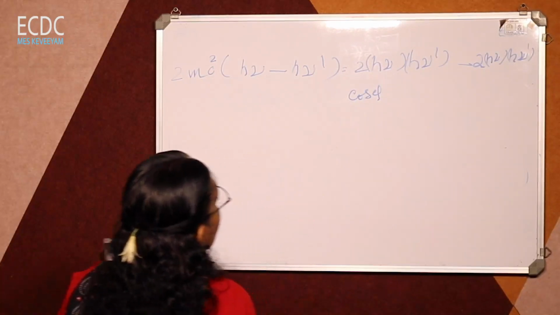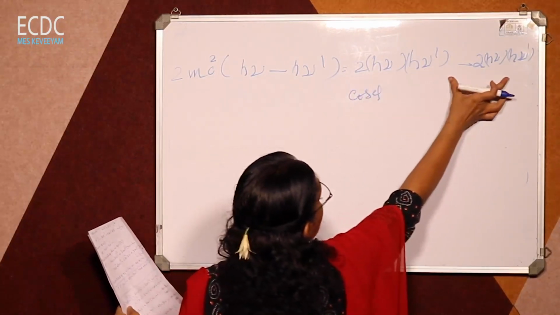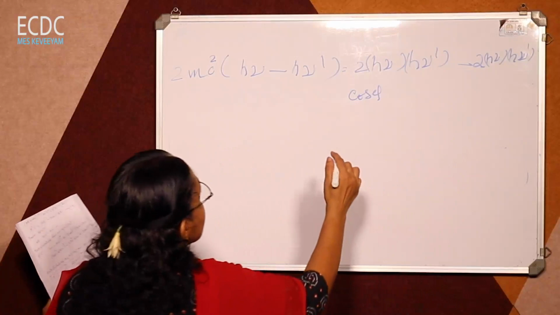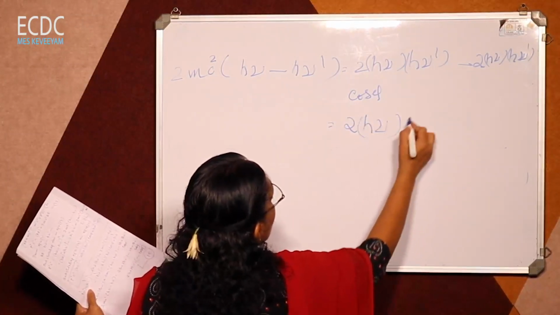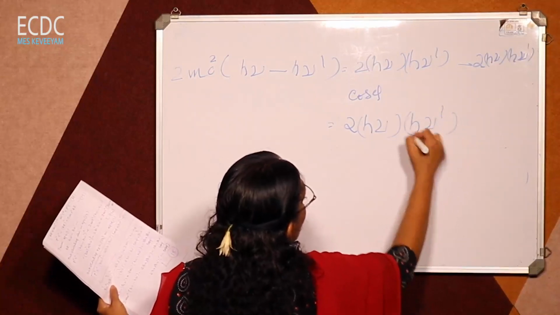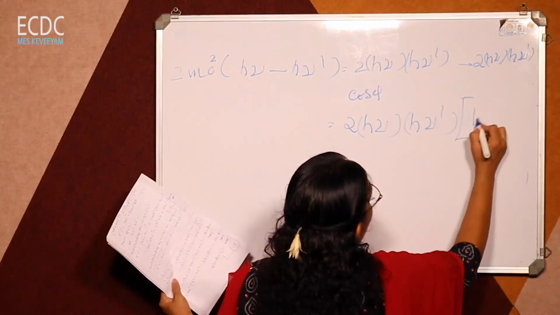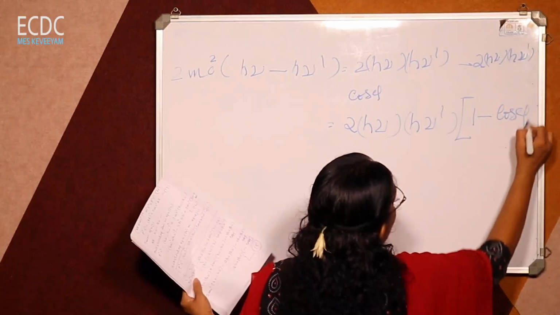So this is equal to, what we can take outside because this is common. So we can write this as 2hν′ into (1 minus cos φ).